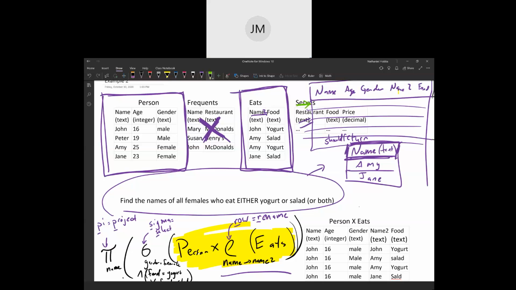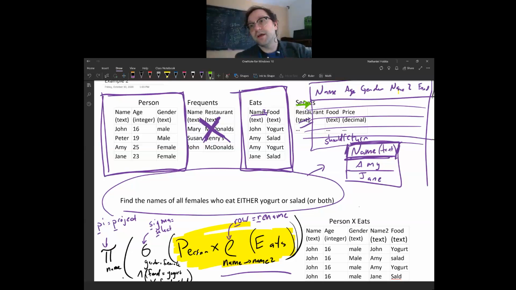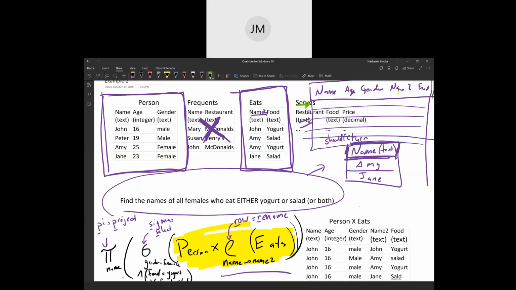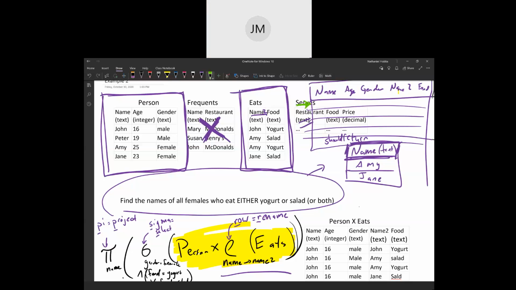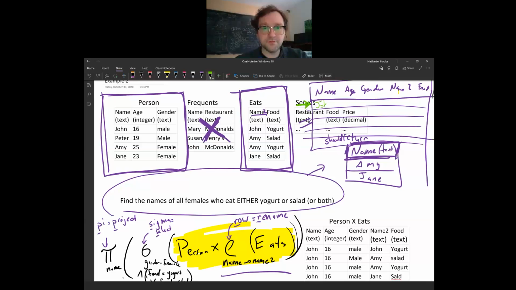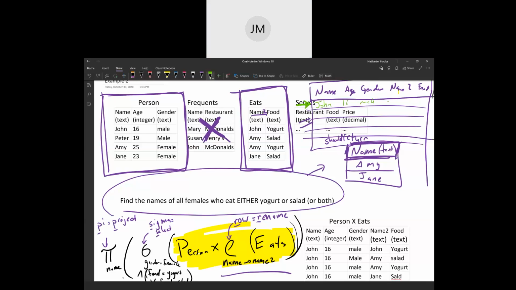Like what would be the entry there? John, Peter, Amy, Jane? Or would it just be John, Amy, Jane? Give me the whole row. So just whatever this row. Row, not the column. Oh, John 16, male, John yogurt. Yep. John 16, male. Okay, and the next one?